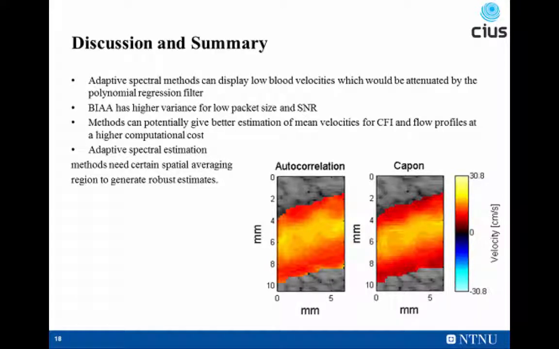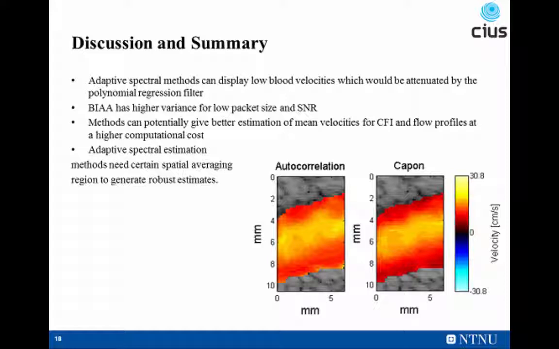So in summary, the adaptive spectral estimation methods can visualize the low blood velocities that would be attenuated by the filters in the autocorrelation method. BIA has higher variance and bias for low velocities and also for low packet sizes.